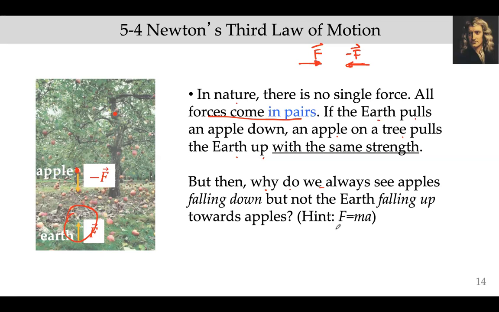The hint is again this equation, F equals ma. What I'm telling you is that the forces are the same. The force on the earth and the force on the apple due to gravitational attraction is the same. But then why do the earth and the apple move differently?